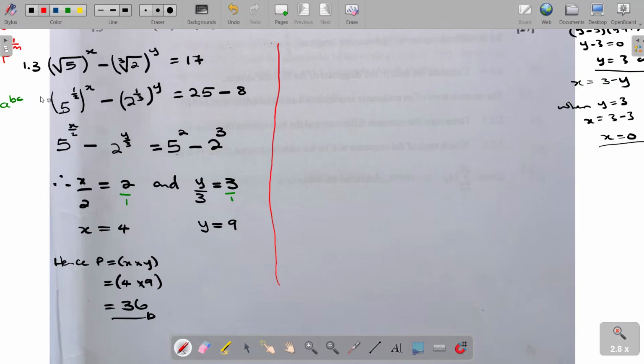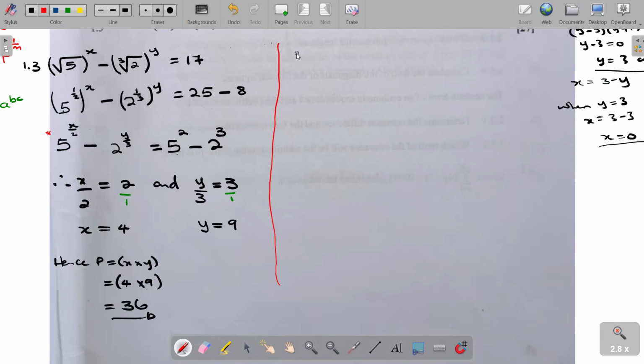So in using trial and error, we were going to start from here. But you do not change the line. Take note, we're not going to change anything on the right hand side.